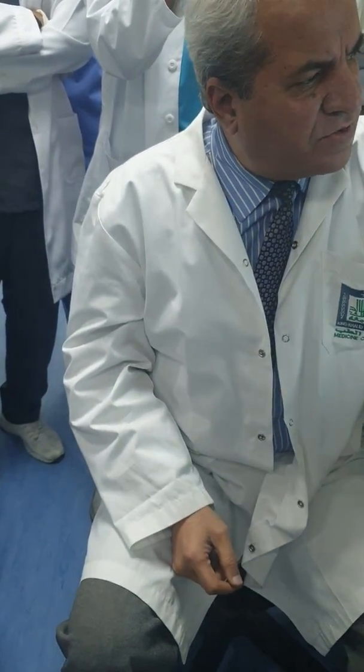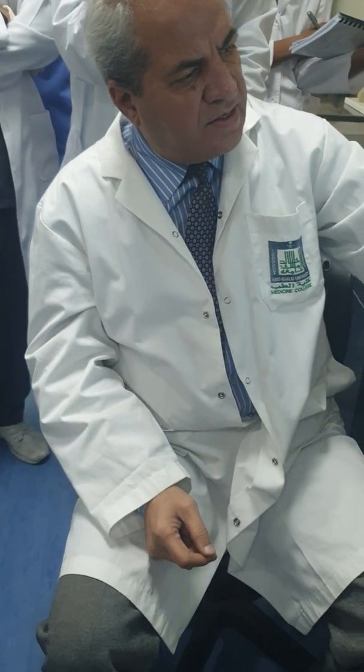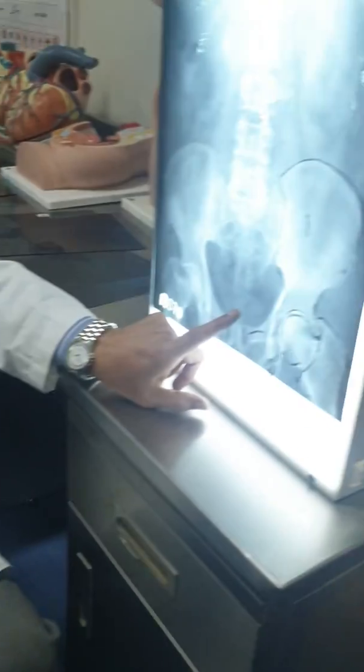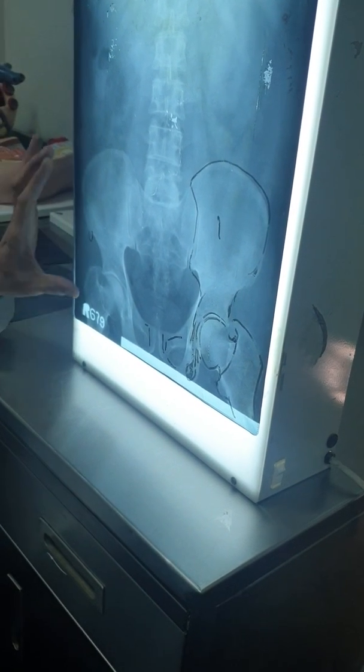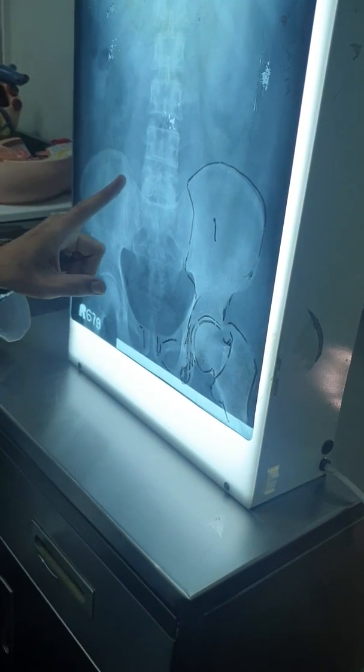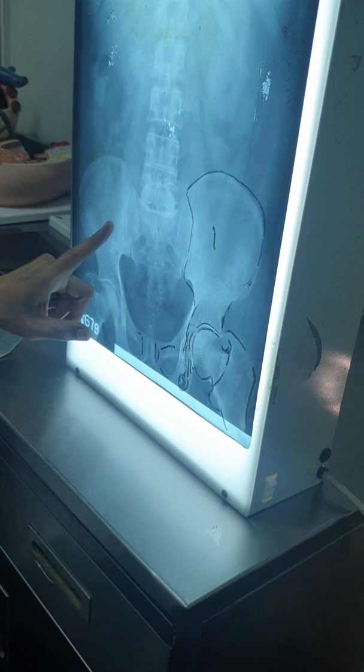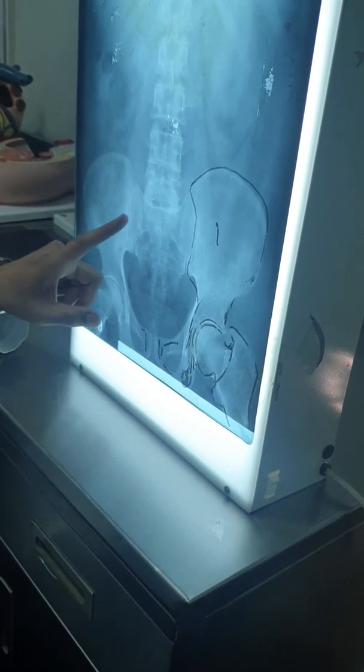But what you have to see now is the sacrum and the coccyx here. And this is the joint between the sacrum and the hip bone. It's called the sacroiliac joint.